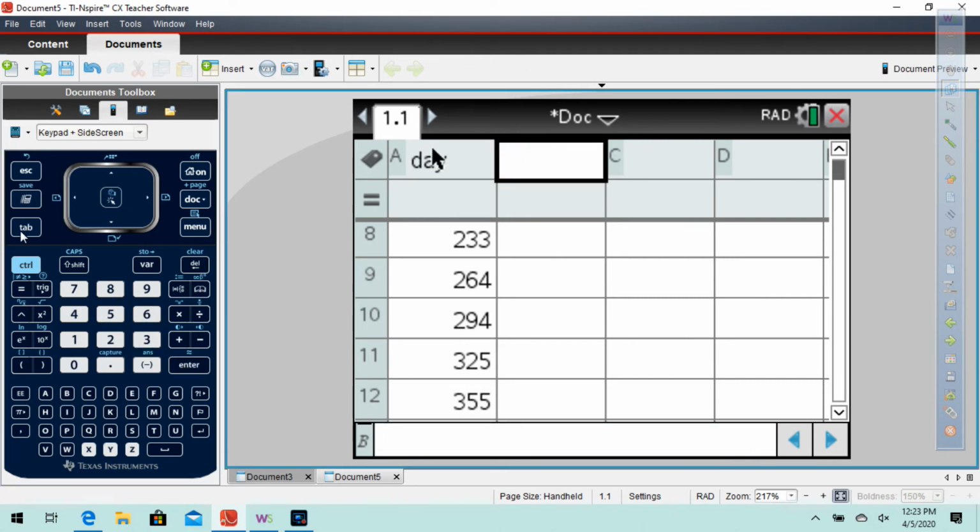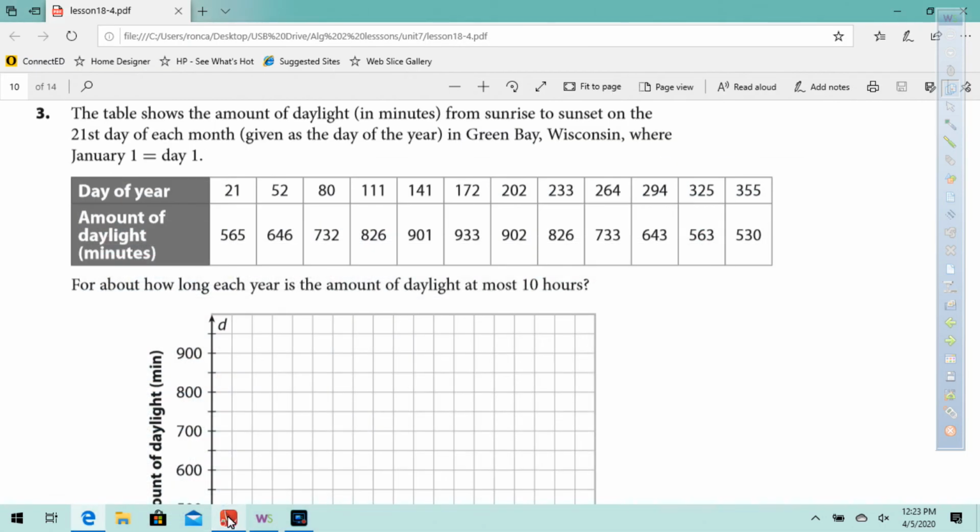And then, what do we call this? Daylight.